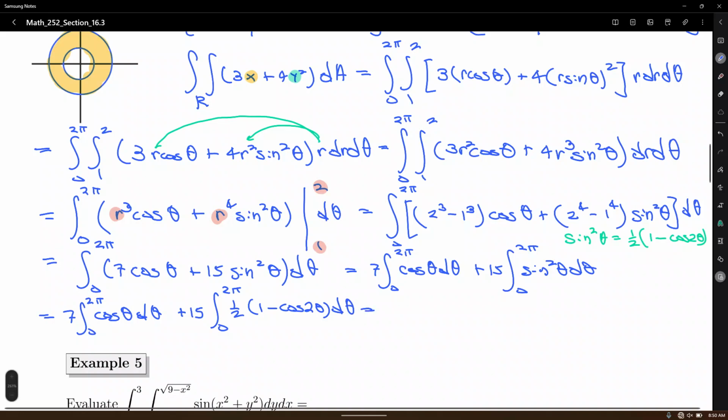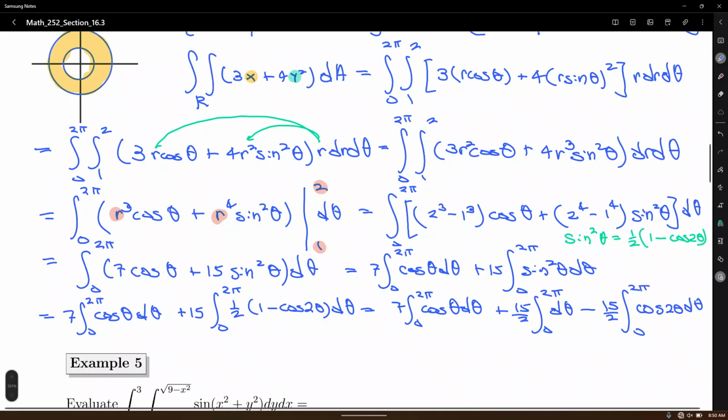So that splits further into 2 more integrals. That is 7 times the integral from 0 to 2 pi of cosine theta d theta plus 15/2 the integral from 0 to 2 pi of 1 times d theta, that's just d theta, minus 15/2 the integral of cosine 2 theta d theta, also from 0 to 2 pi.